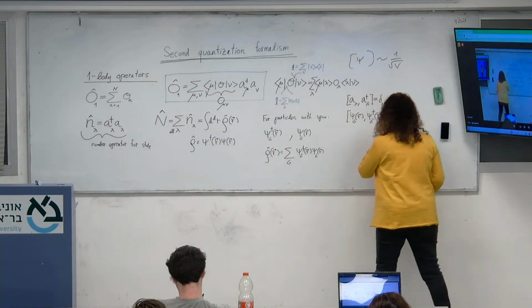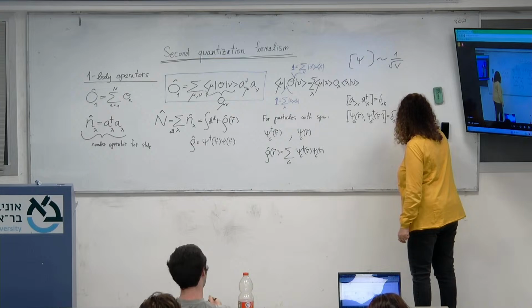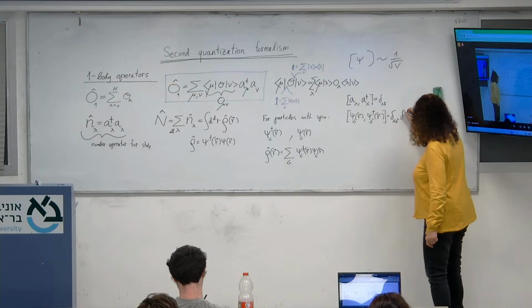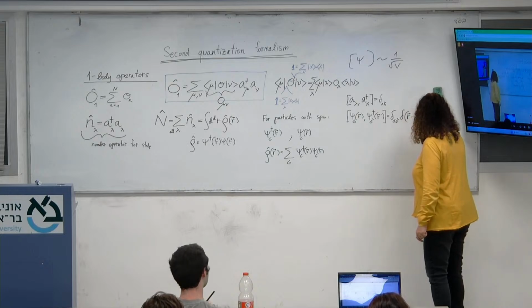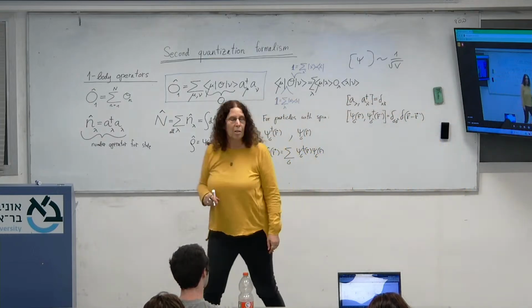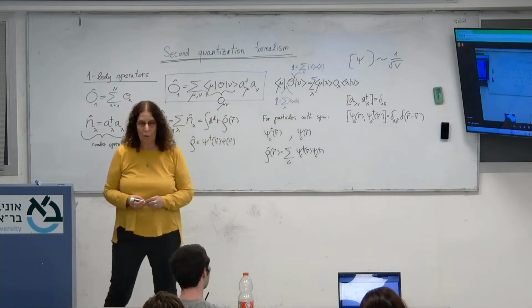So this is going to be a delta of sigma, sigma prime. This is still the usual, but this will now become the Dirac delta instead of a Kronecker delta. That's all. Okay, and the same is true for the anti-commutators if they are fermions. Okay.